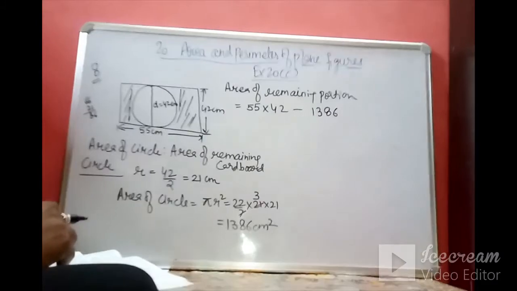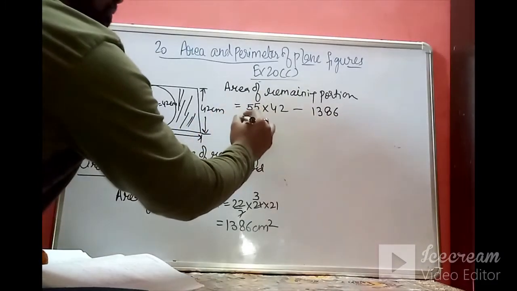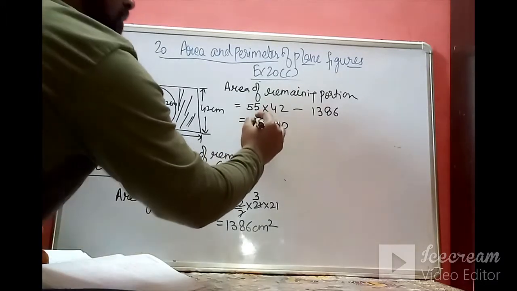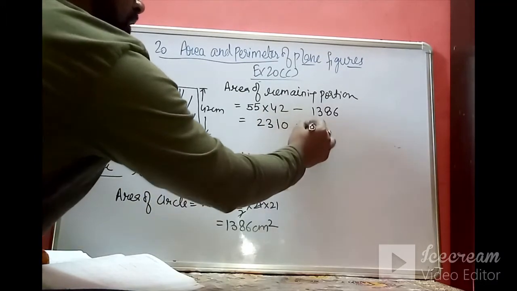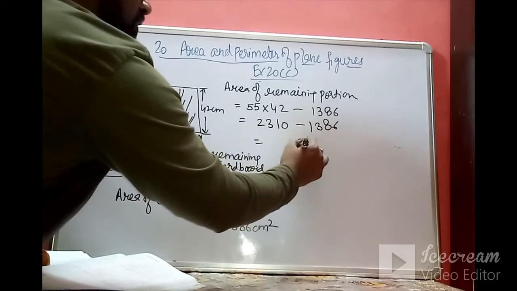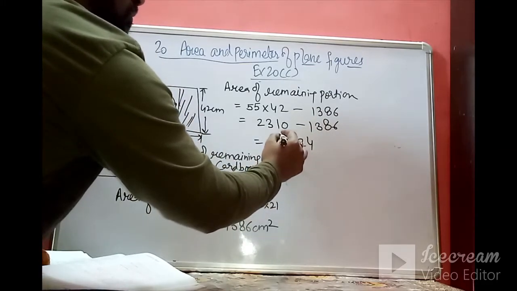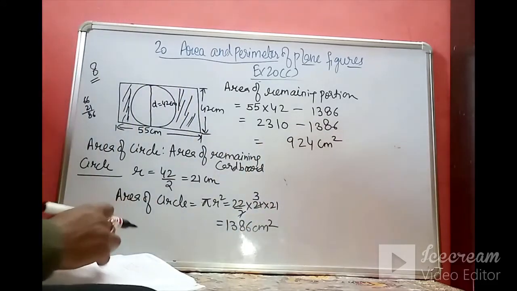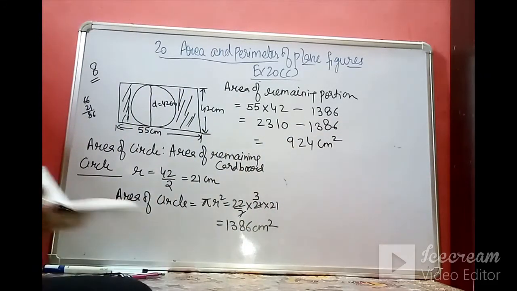Okay, so 2310 minus 1386, and when we solve we will get 924 centimeters square. So this will be the area of the remaining cardboard.